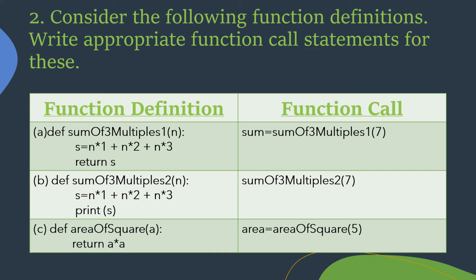Within that I have passed a value called 5. So this is how you can call the function. You have to provide an argument for the corresponding parameter, and the next thing is that you have to assign this function to a particular variable, because it is returning some value and the value returned has to be stored in some variable. So this is how you can call this function.